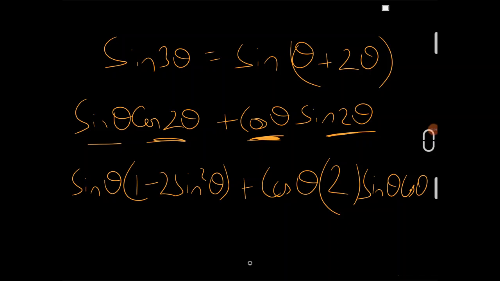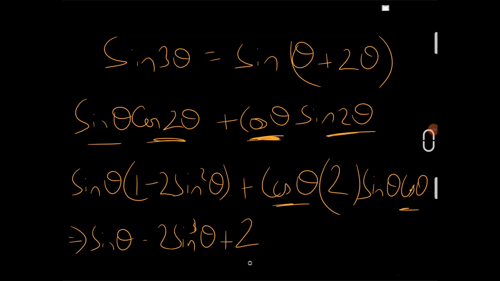Now this I will open. This implies sine theta minus 2 sine cube theta. Now plus this 2 I will write. This cos and this cos will be cos square, so I'll put that at the last. So 2 sine theta, now cos square theta.